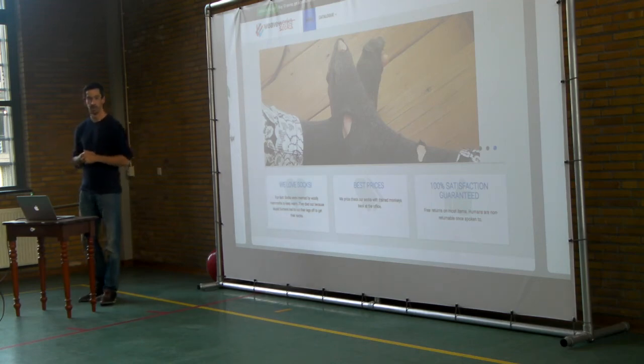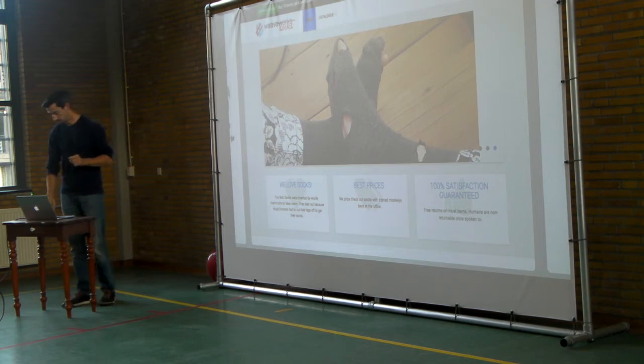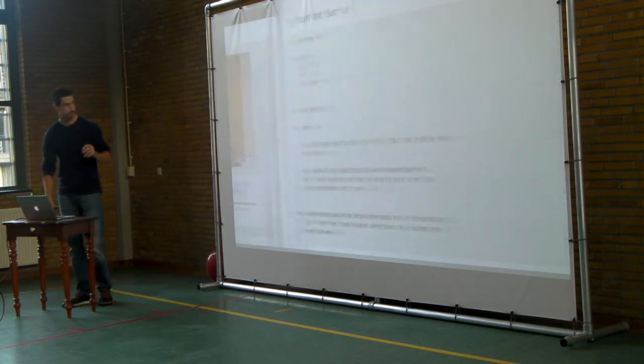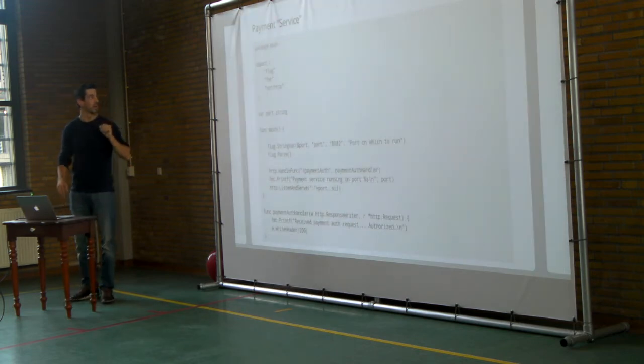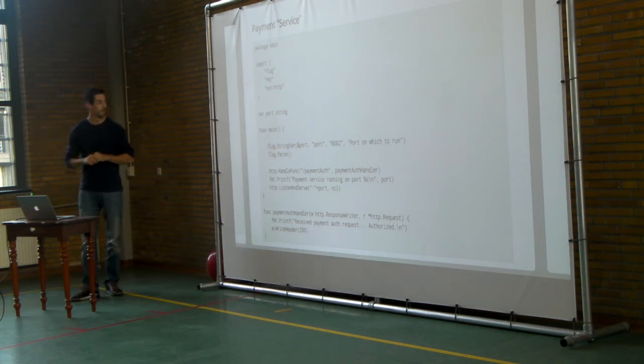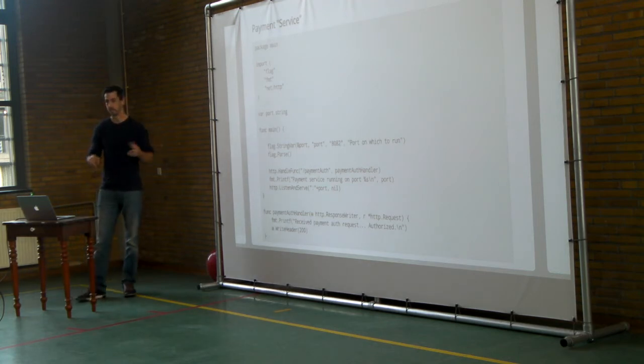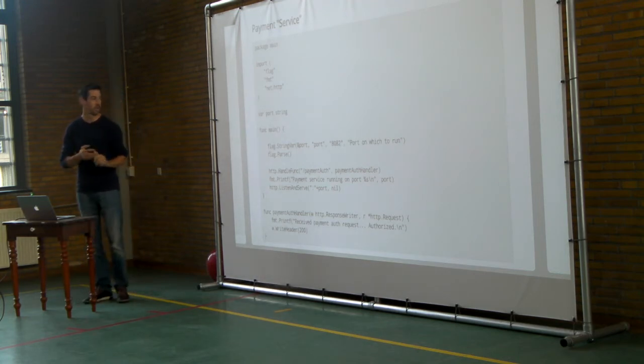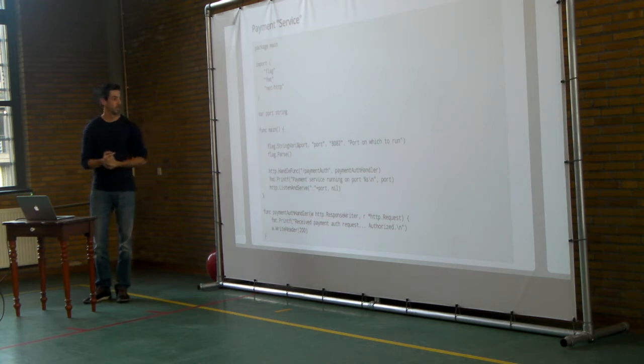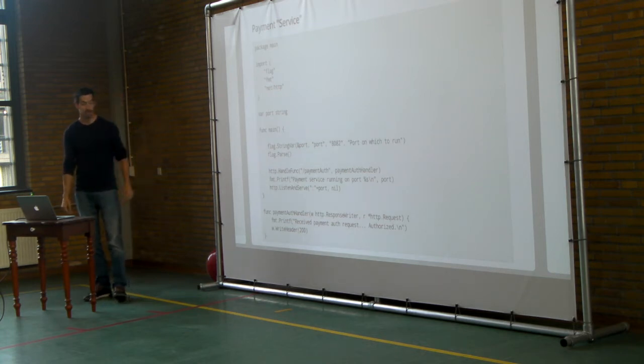This was something we threw together in 2 weeks. So when I talk about 12 services, this was our payment service. It's almost embarrassing to put this up there. But this is one of the benefits that you have of Go: you can put something up really quickly in 10 lines.